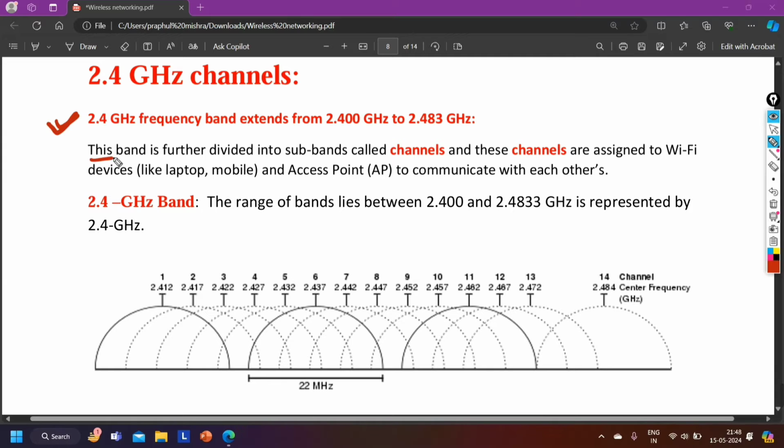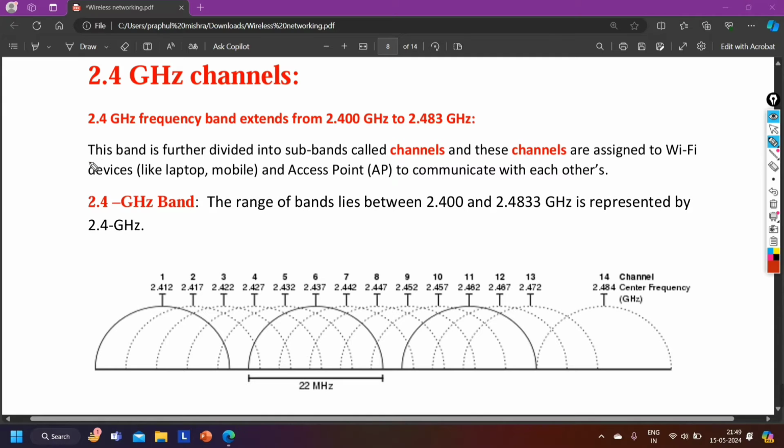Now, the next point is this band is further divided into sub-bands. This band is further divided into smaller bands and that is called channels. So if someone asks you what are channels in wireless communication, guys, a channel is nothing but a subdivision of a band. A band is a group of frequencies, and dividing that group of frequencies gives you what? A channel. So I hope channel is also clear to you.